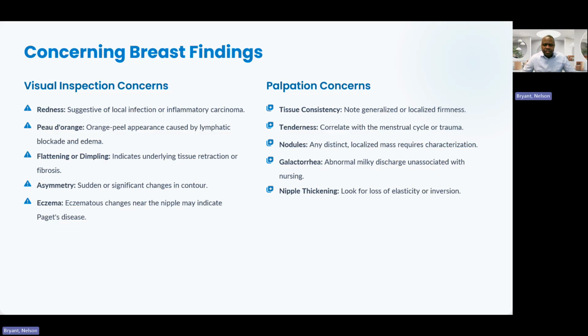Any changes that you notice, like eczema or associated changes on the areola, may represent Paget's disease. So it's very important to chart or to document the consistency of the tissue and any abnormal discharge that you notice, which is also known as galactorrhea.